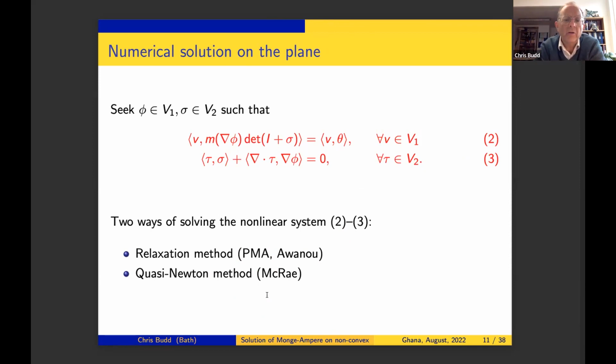PMA is one I came up with earlier, which was not anything like as good. Or alternatively, we can use some sort of Newton method to solve 2 and 3, and this is what McRae at Oxford developed in order to be able to solve the Monge-Ampere equation. As I say, you want to solve it quickly, so it doesn't really matter which method you use, providing they're reasonably fast.